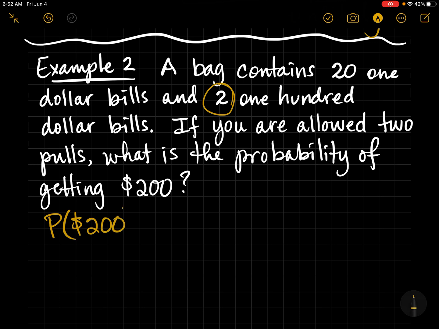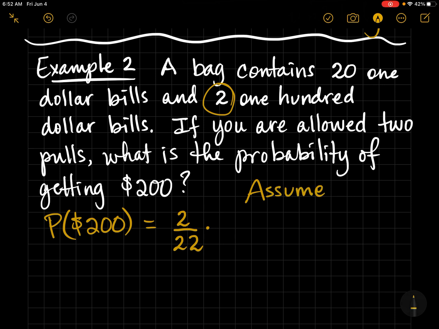So the probability of getting $200 on those 2 pulls: the first pull, now mind you, when you pull the bill out, you're keeping it, okay? You're keeping it. So there's 2 chances out of 22 total bills.